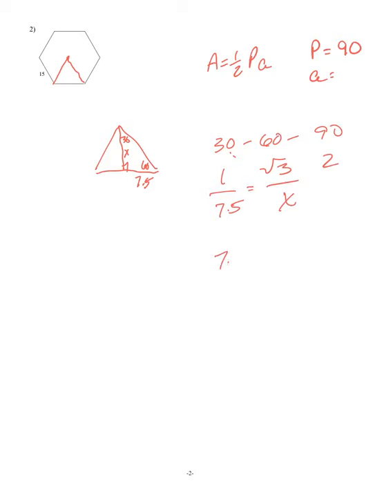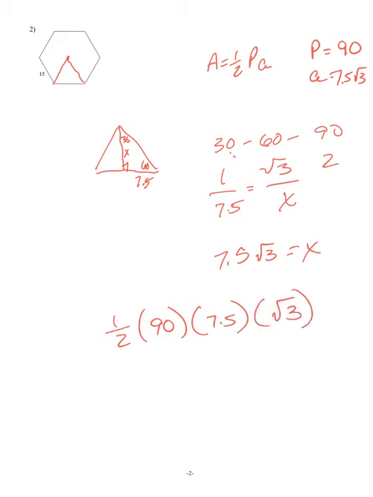So we're going to do 7.5 times root 3 equals x. And you can go ahead and put that in radical form, because when you put it all in your calculator, it's going to work out. So your formula now is 1/2 times the perimeter times 7.5 times root 3. Go ahead and put that in your calculator. And the area is 584.57. And that is the correct answer.